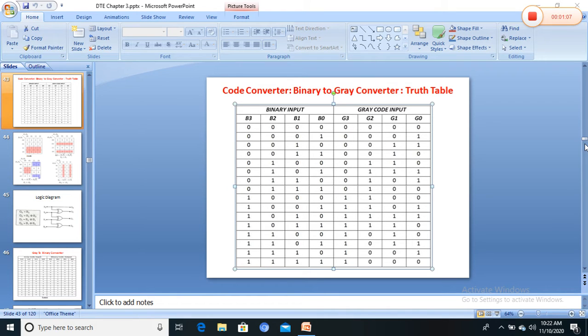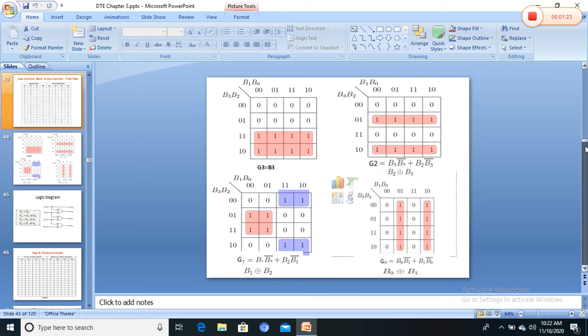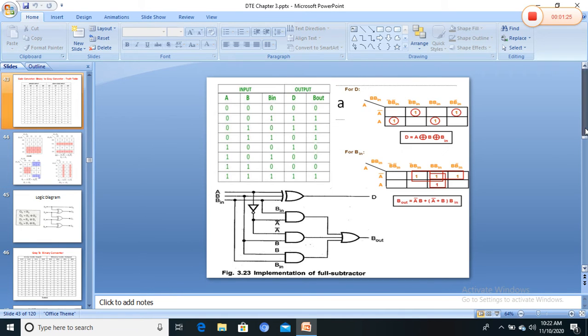Apply these problems, 0 to 15, to convert binary to gray and gray to binary. This is the truth table with binary input and gray output. There is one mistake here: the gray output is not an input.